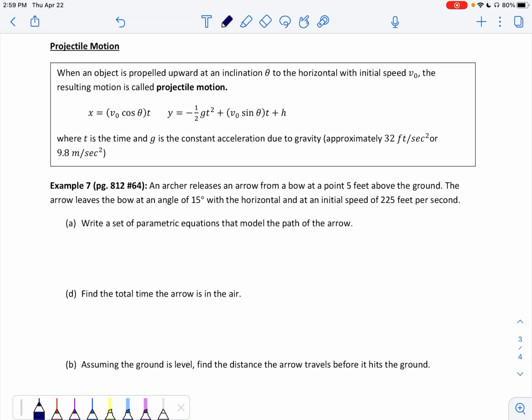So just to show you what I mean here visually, we have an angle of theta to the horizontal and we're starting off with an initial velocity of v0, and we might actually even be, say, some distance off of the ground to start with, possibly, okay?